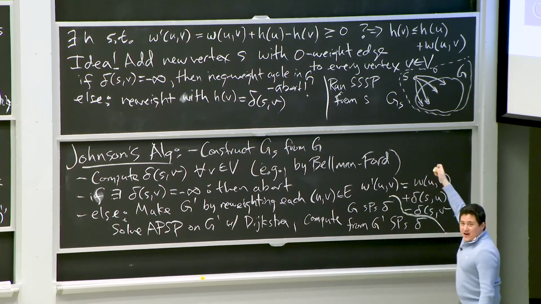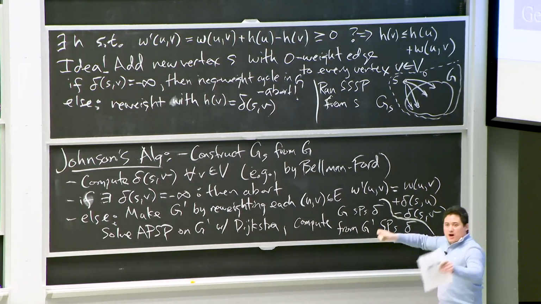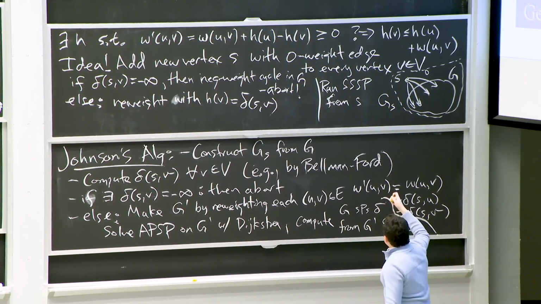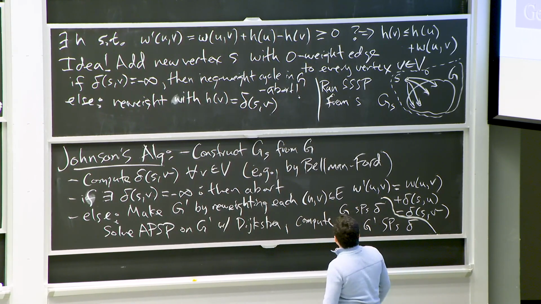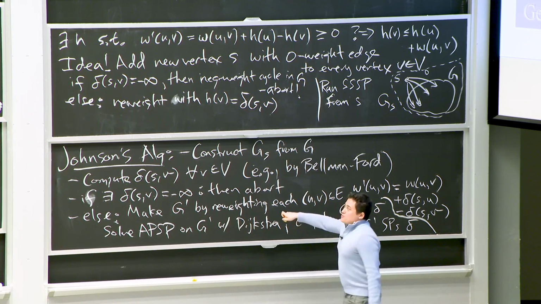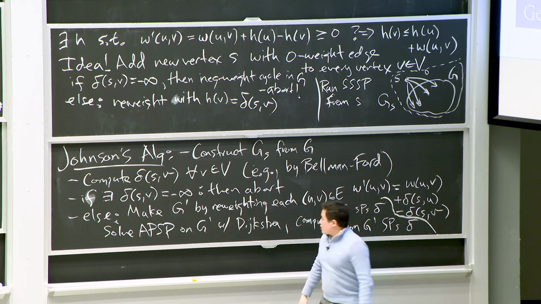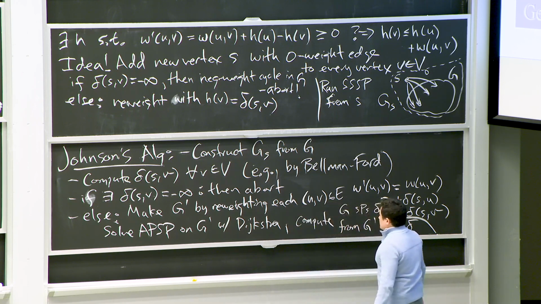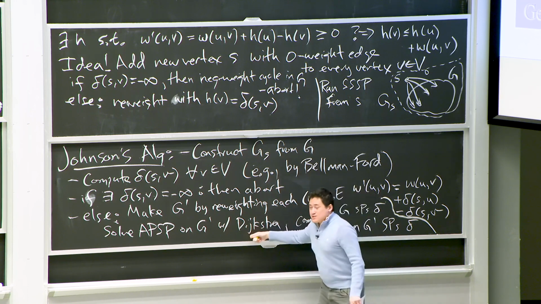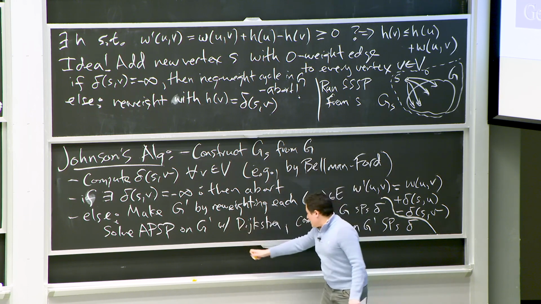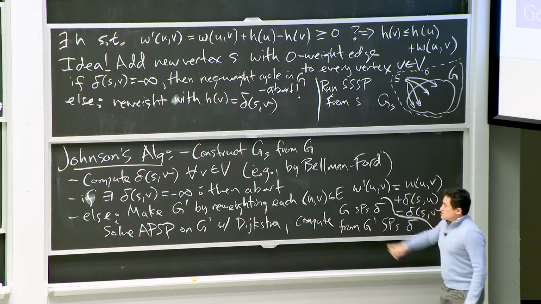So we find shortest path distances from some other arbitrary vertex and set our potential functions to be those shortest path distance weights. We do the reweighting. Because that reweighting preserves shortest paths, which we already argued, right? Then this has positive edge weight, so Dijkstra applies. And then computing this takes a small amount of time.